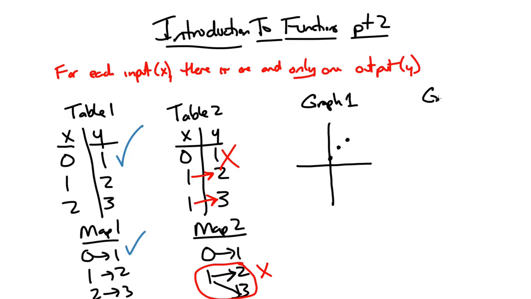And if I do graph 2, I'll do the same thing here. I've got 0, 1, 0, 1, 1, 2, and 1, 3. This one is a function because it passes what's called the vertical line test.